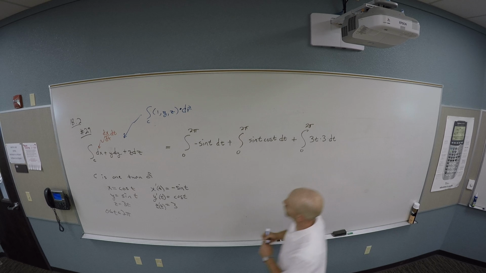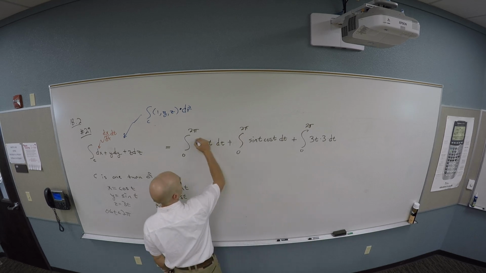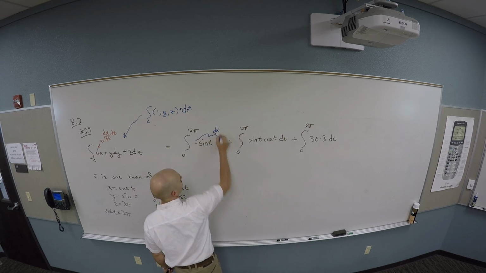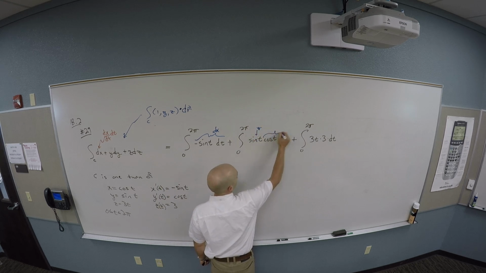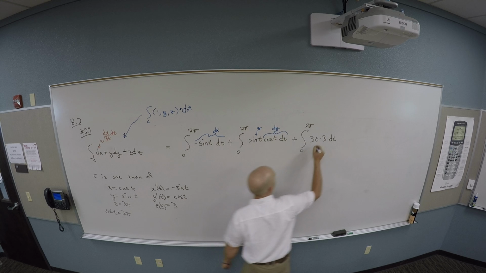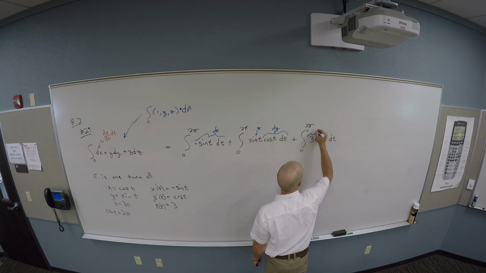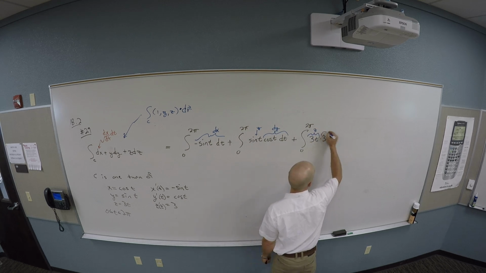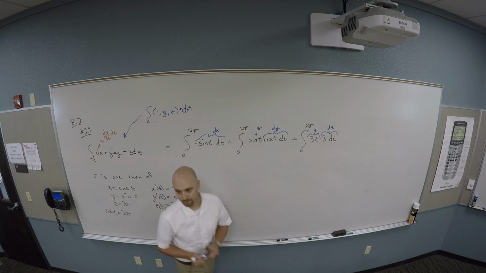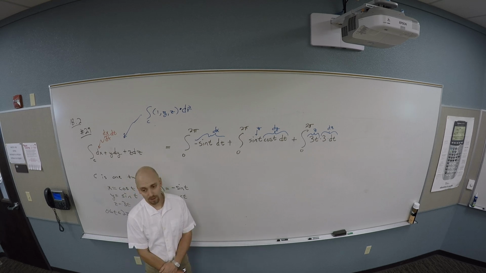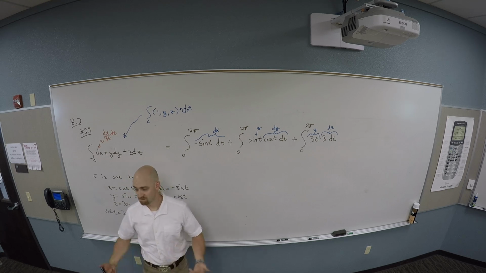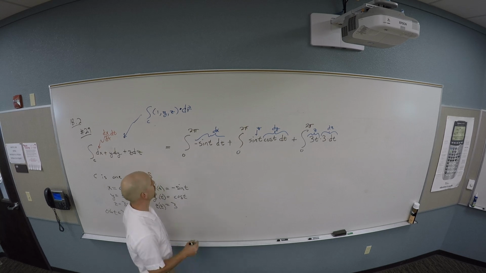So this was the x, that's the y, and this is the z. Now go through and anti-differentiate each piece.